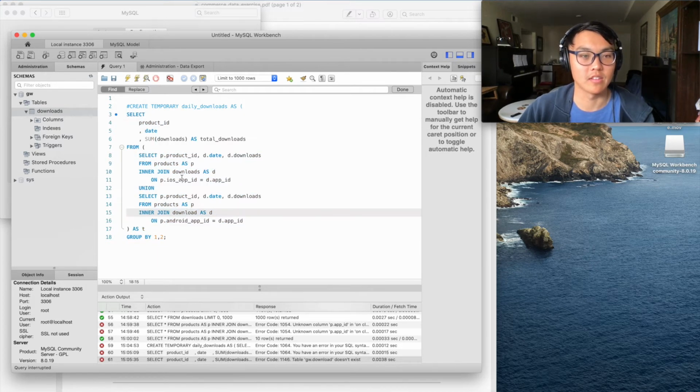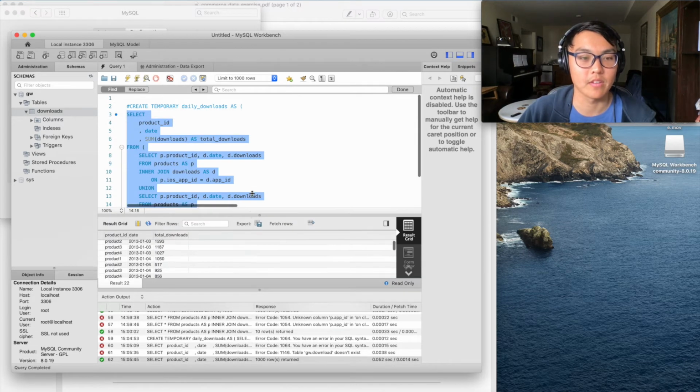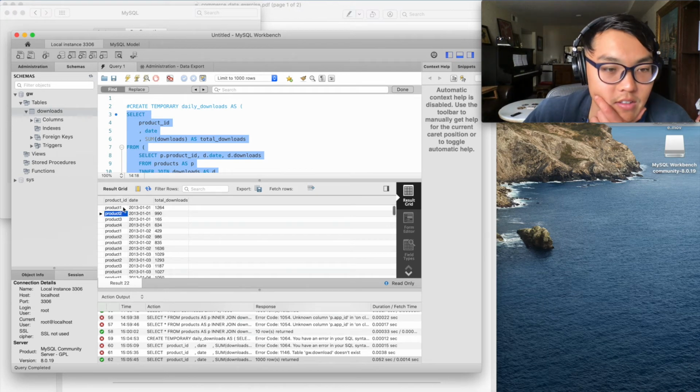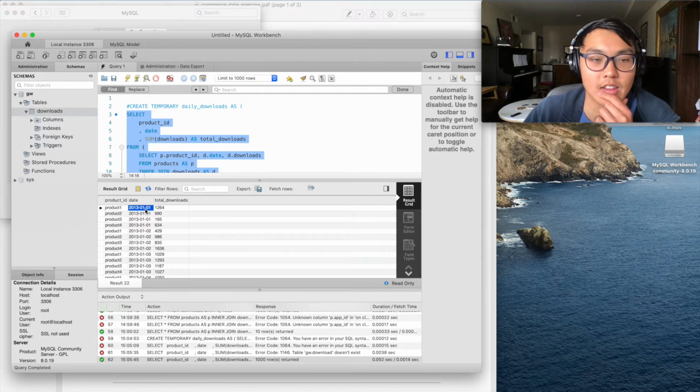Downloads does not exist. Download does not exist. Downloads. Alright, cool. So now if we look at this result grid, we can see that this generally looks right. For every product, we have a singular date, and then we also have the total number of downloads. Cool.